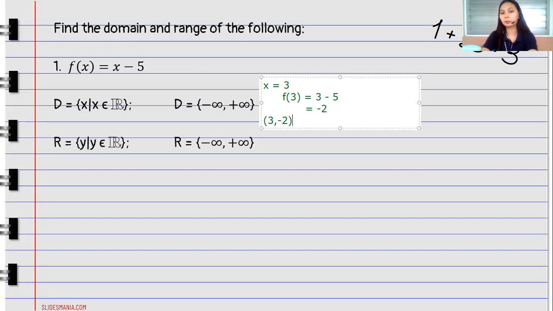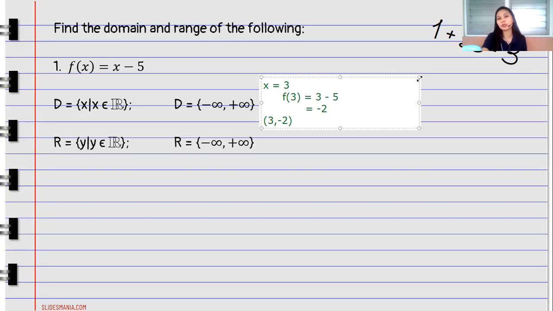Ayan yung ordered pair. Kasi 'di ba si x, ginagamit natin siya to solve for our y po. Ginagamit natin yung value of x for us to find out what is the value of our y. Paano po naging negative 2? Kasi po, 3 minus 5 po ate, negative 2 po. 'Di ba kahit ano i-substitute ko dyan, it will not give us undefined or imaginary answer po.